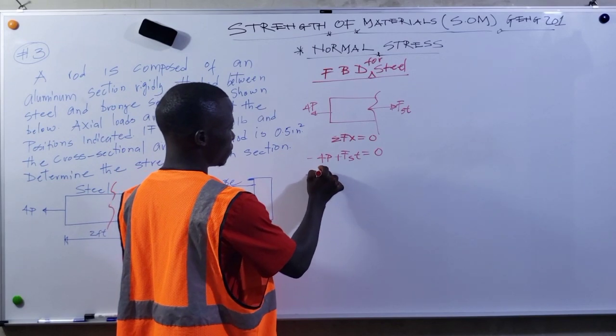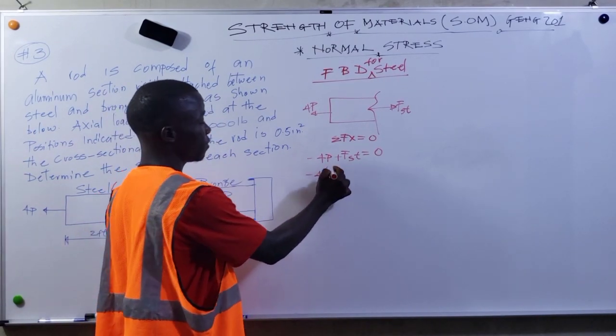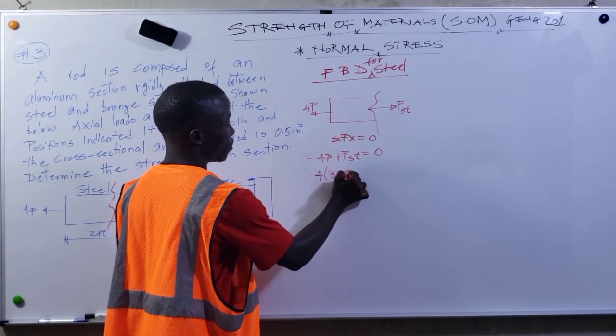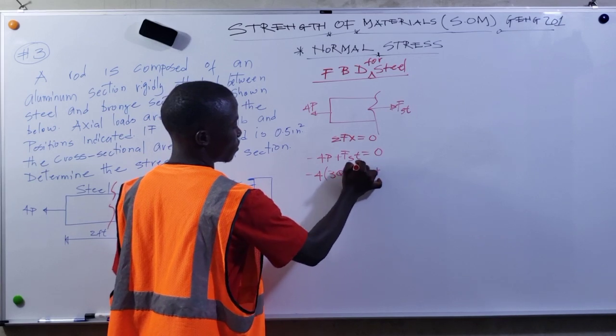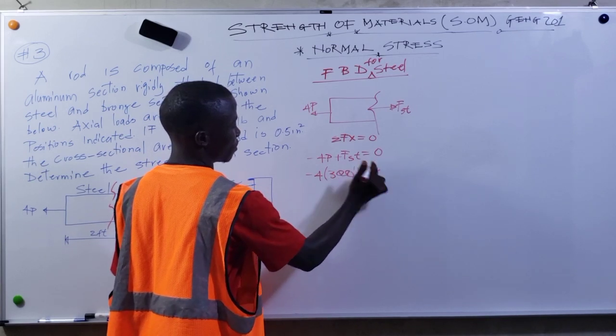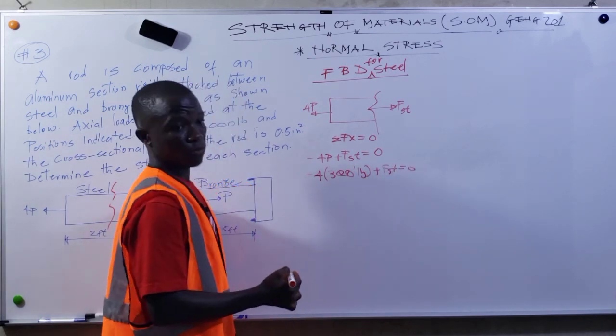So we have minus 4 in parentheses, substituting 3,000 for P, 3,000 pounds, plus the force in the steel is equal to 0.